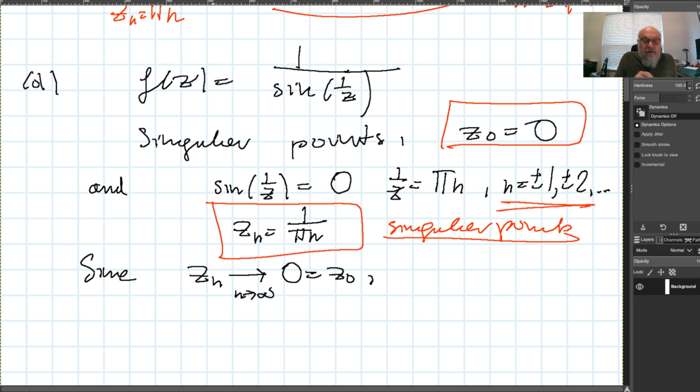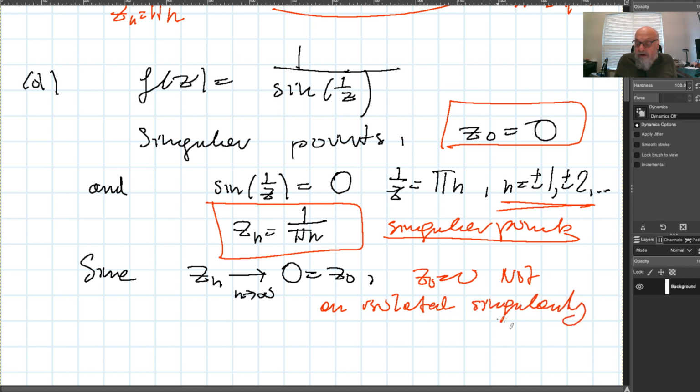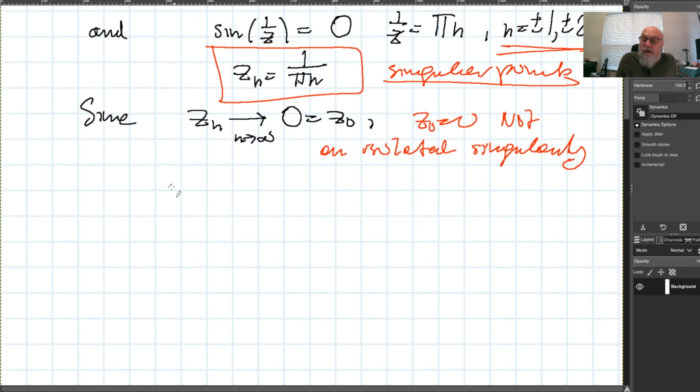So z0, which is equal to 0, is not an isolated singularity, and that means simply you need to consider zn. So what happens for zn in such a case?